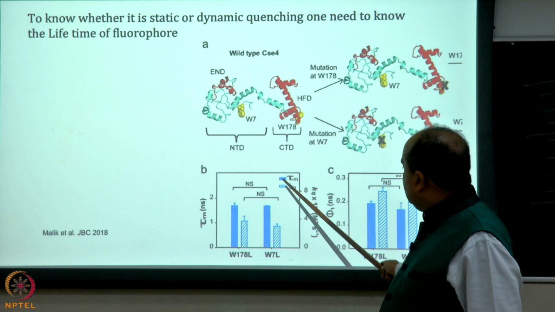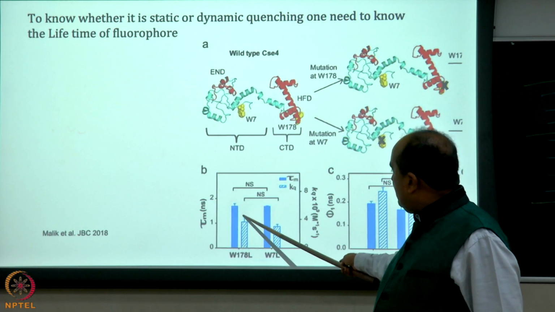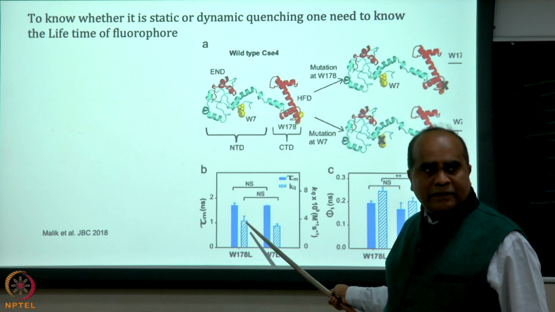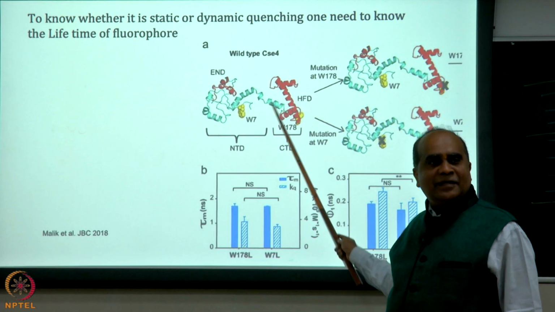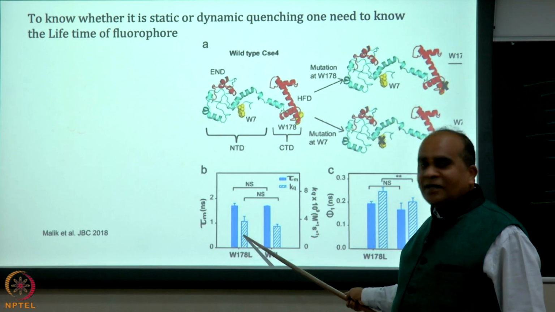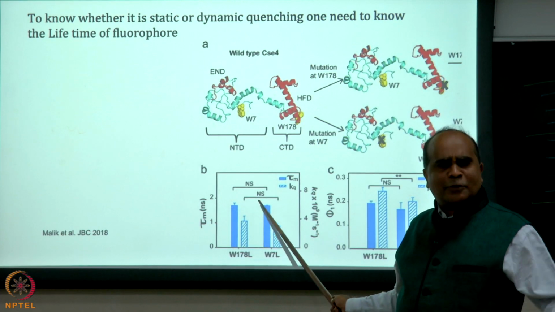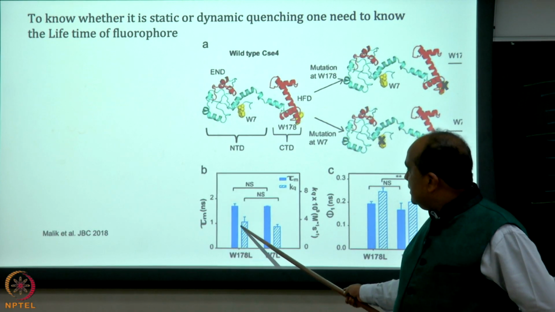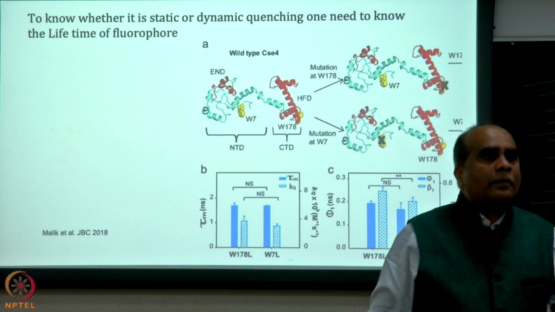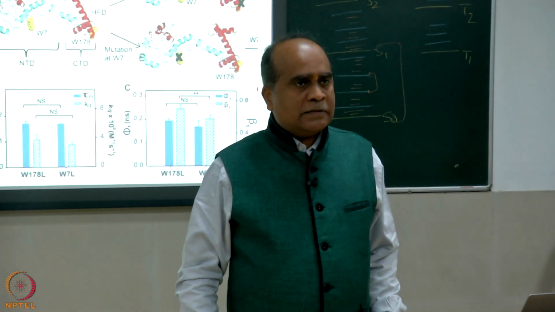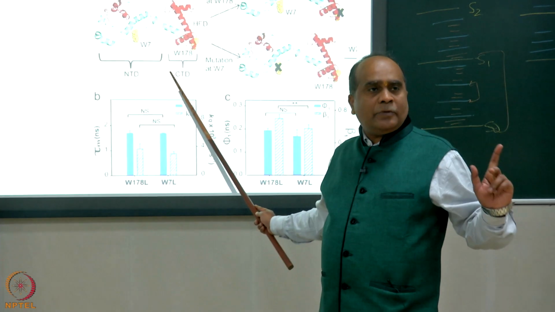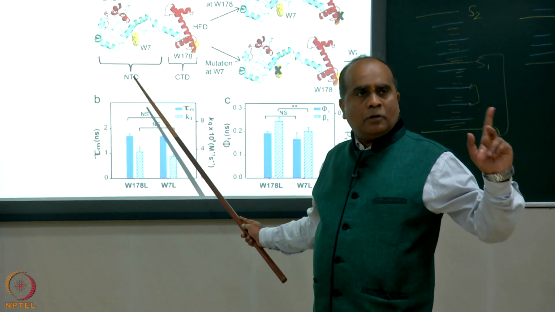So you can basically do the KQ and you can see that marginally this is higher, not too significant, although the model structure says that this one is free and this is buried. But our experimental result says the opposite, not exactly the opposite, but it says their local environment is not much different; both seem to be reasonably free, because their KQ, the Stern-Volmer constant, we did that.